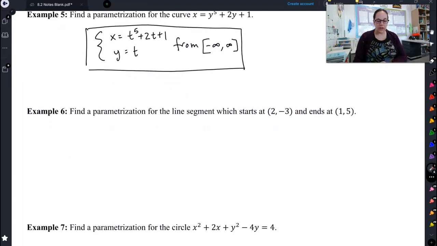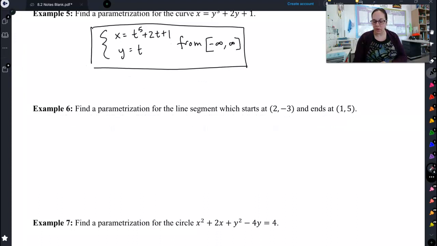Now what I would like you to do is label these points. We're going to label this first one x naught, y naught, because it's the x and y values of our first point. And this second one, x1, y1, because it's the x and y values from our second point.